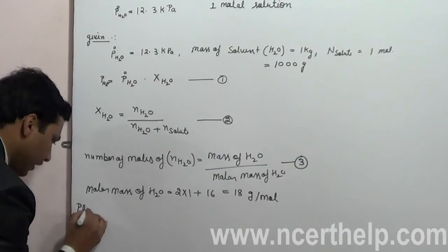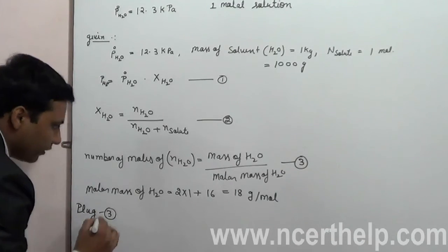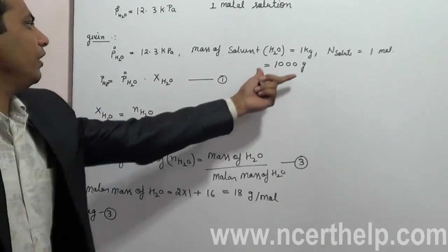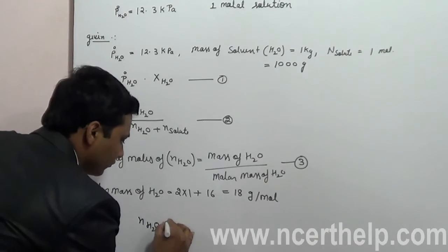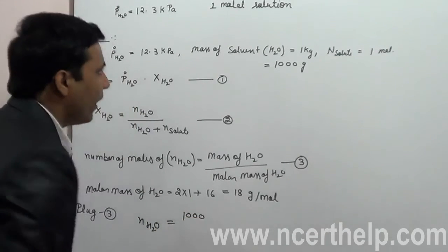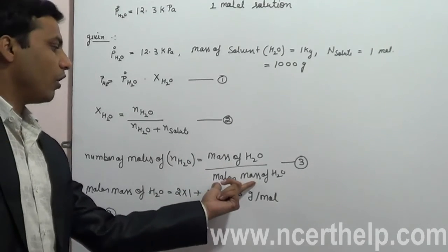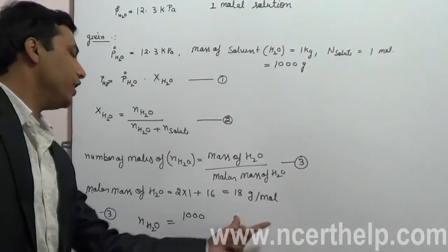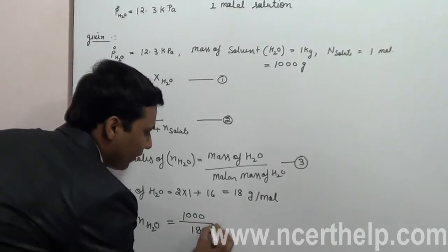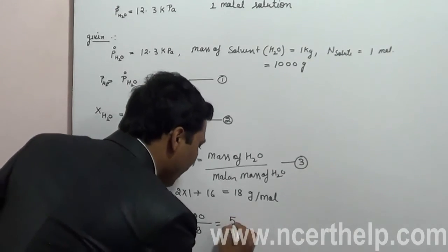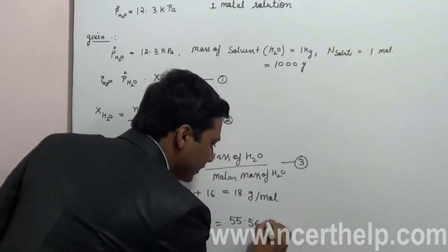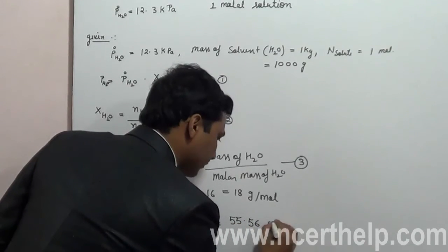Mass of H2O is 1000 gram divided by molar mass of H2O, which we calculated as 18 gram per mole. After calculating it we get 55.56 moles.